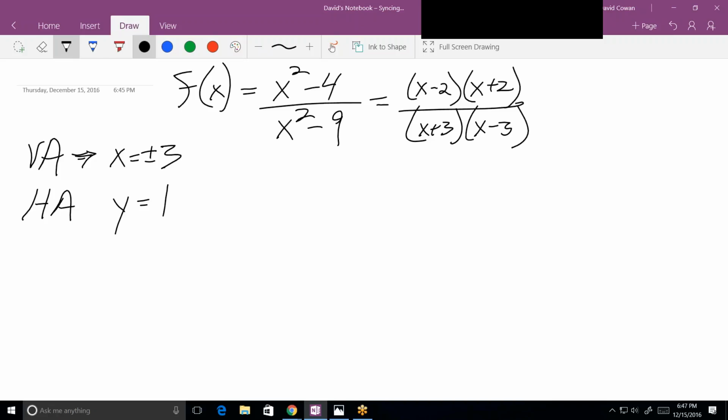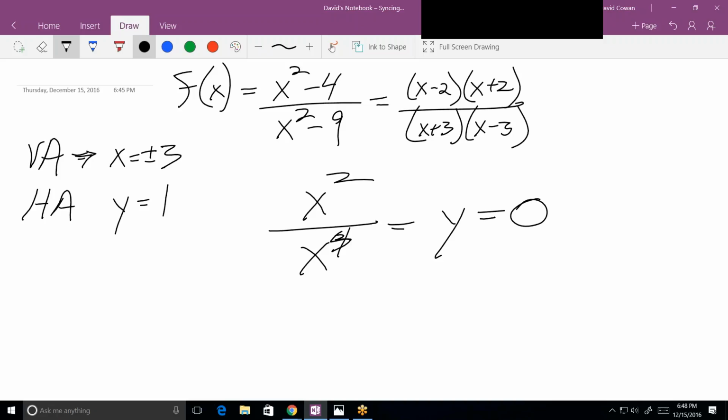That's really easy. It's just the ratio of the coefficients. There's this situation where the bottom degree is bigger. Doesn't matter whether it's 3 or 4, okay? That always has a horizontal asymptote of y equals 0. As long as the bottom is bigger than the top, it's always y equals 0.